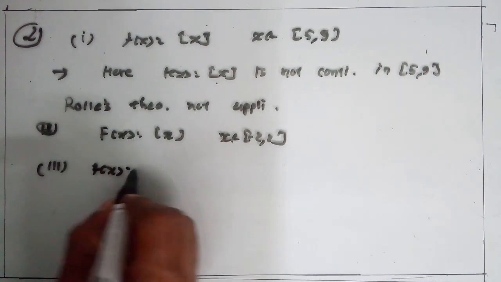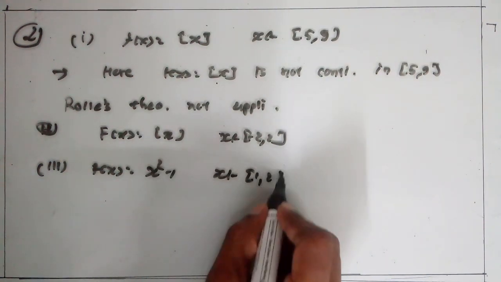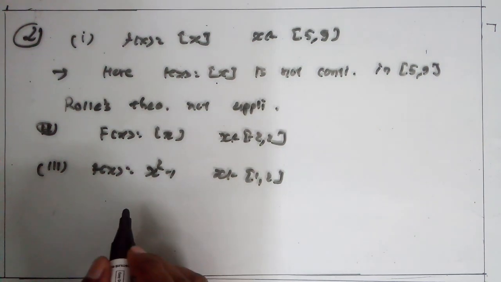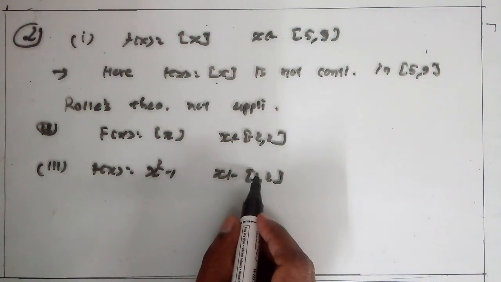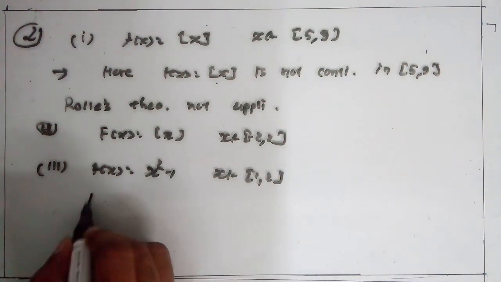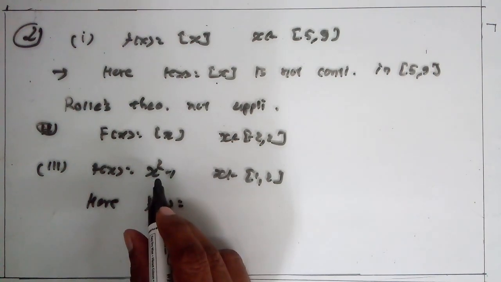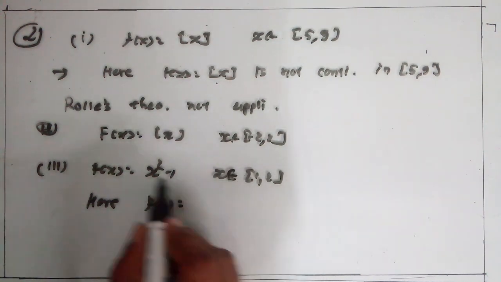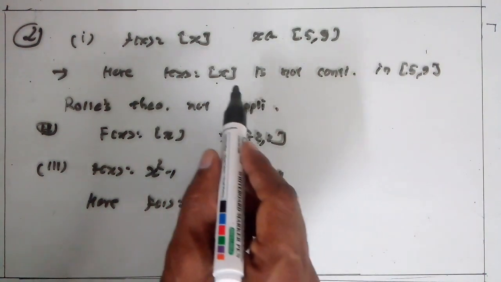f(x) = x² - 1, x belongs to closed interval [1, 2]. Here the function is a polynomial function, a quadratic function, so this function is continuous and differentiable, but check the values of f at 1 and 2. First we check orally, then we write which condition is not satisfied.